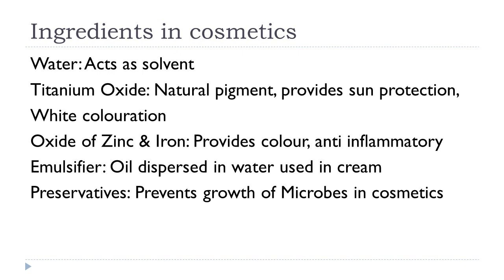And next one, oxides of zinc and iron, that is zinc oxide and iron oxide. It will provide color, and also it acts as an anti-inflammatory. What is the meaning of anti-inflammatory? It fights against the allergy.